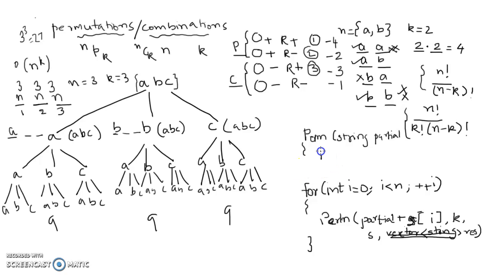So the condition for this recursive iteration to end is when the size of this partial string that I have is equal to k. When it is equal to the subset size, then I've collected it. So then I am going to store partial and return.